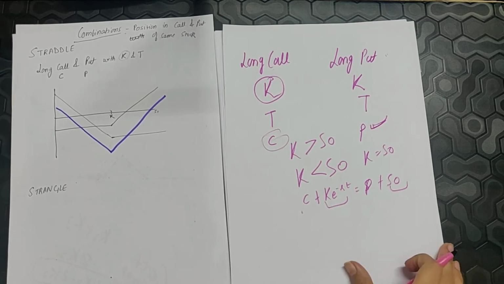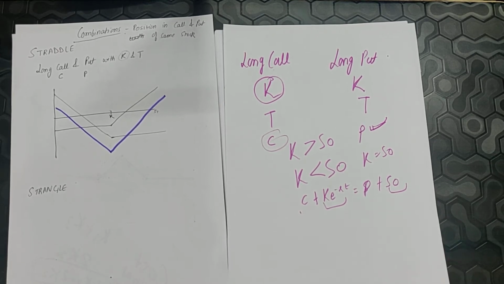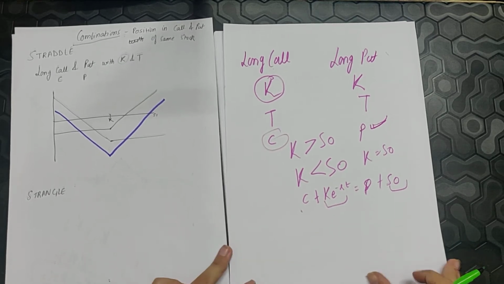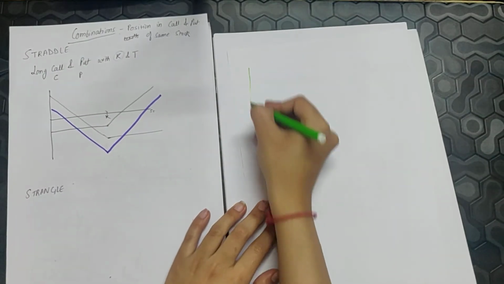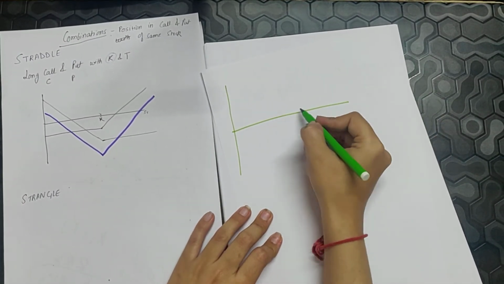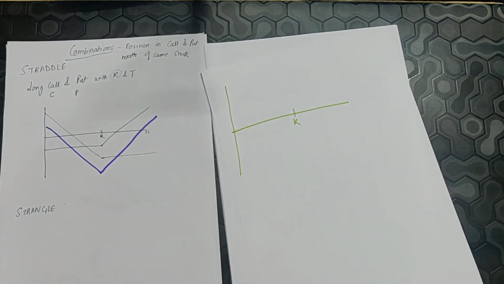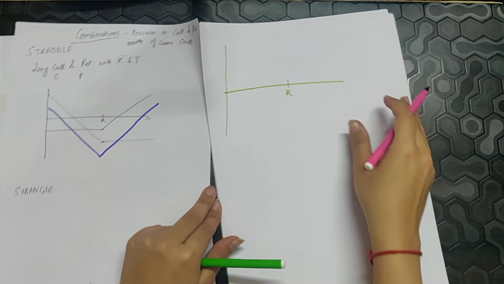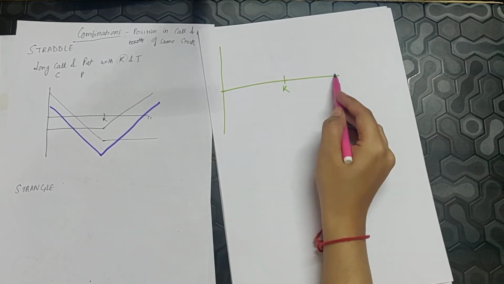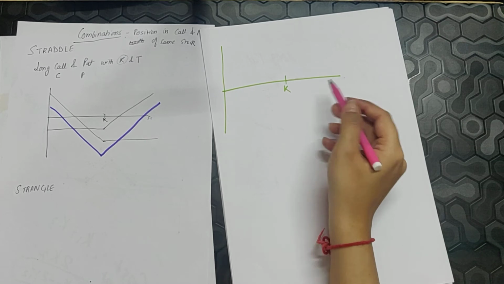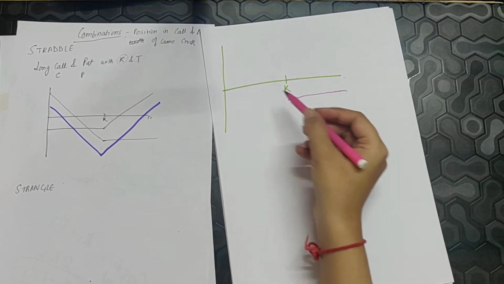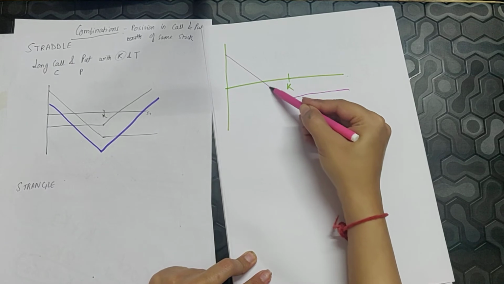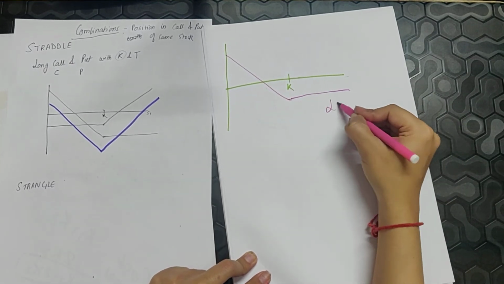So let's diagrammatically represent the strategy. So this is my K. On the same K, I am buying a put and I am buying a call. So when I buy a call, I would exercise it only after this. If I exercise it before this, that means I am incurring a loss of value C. So this is my payoff diagram for long call.